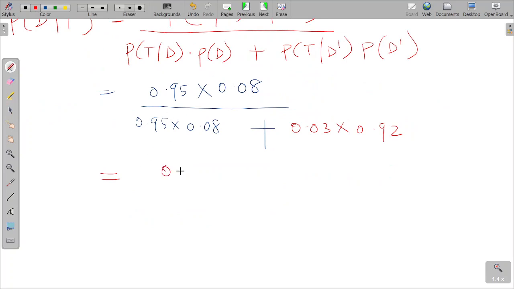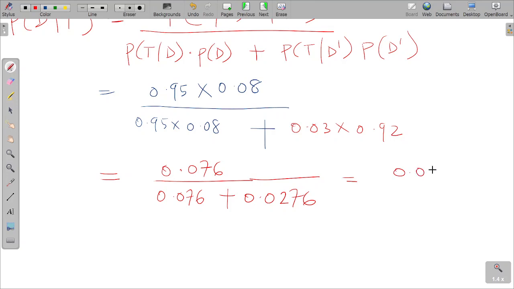Now we find our values here. This multiplied by this gives us 0.076. Then plus this one, which is 0.0276. I hope that is correct.